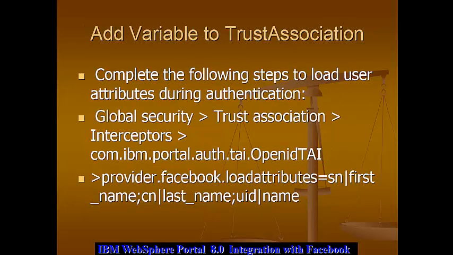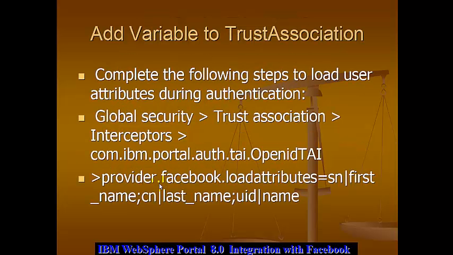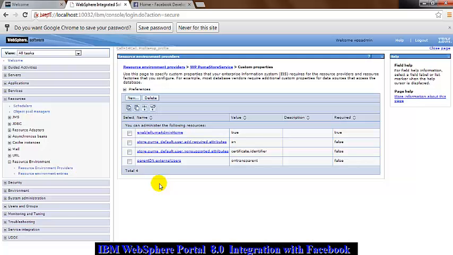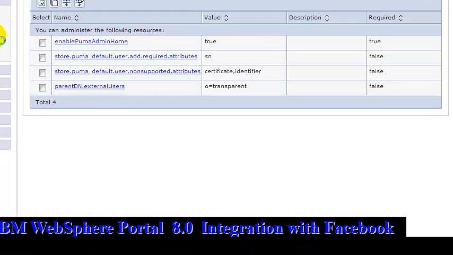Okay, complete the following step to load attributes during authentication. This process is needed to load attributes while Facebook is doing authentication. Okay, global security trust association interceptor. We need to add this variable. So just go to security, global security.